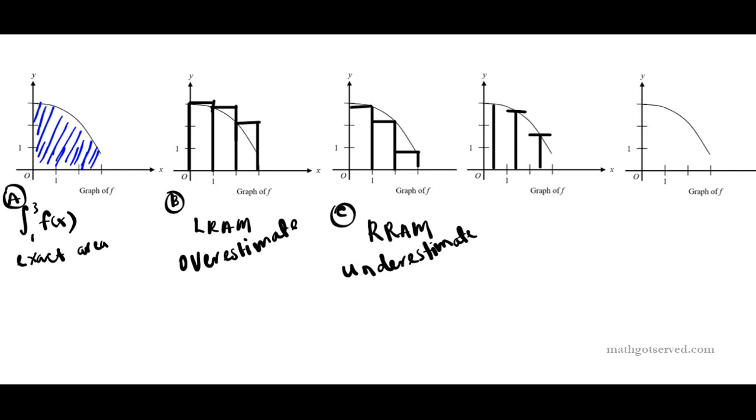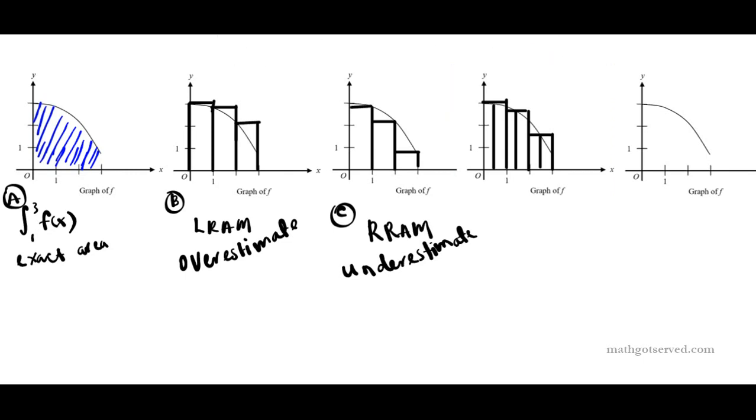This is the first rectangle, the second rectangle, and your third rectangle somewhere here. Bring that down a little bit so it looks better. That's basically what it looks like. It doesn't have to be perfect.